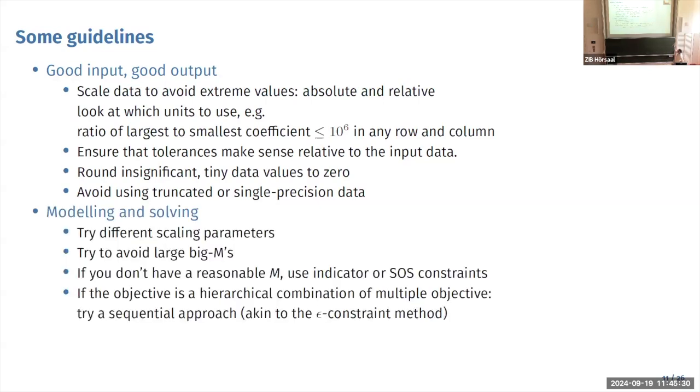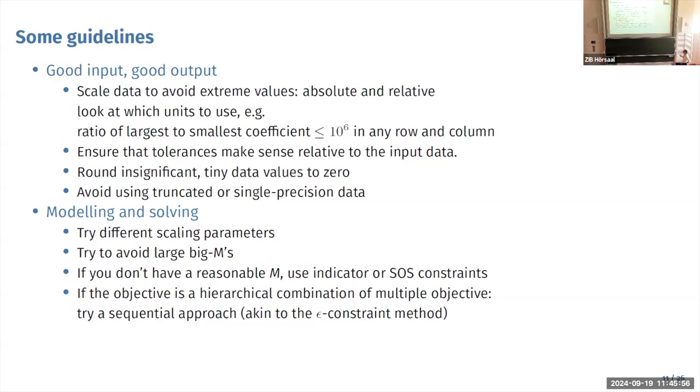Okay, so this is about the input. If you want good output, you should try to do your best to give good input. Sometimes, however, it's difficult. Sometimes you simply do not have good bounds on the variables. You do not know what the maximum value of some decision variable will be. Actually, you're trying to find it out in the optimization. And then you have to be more creative in modeling and solving it.